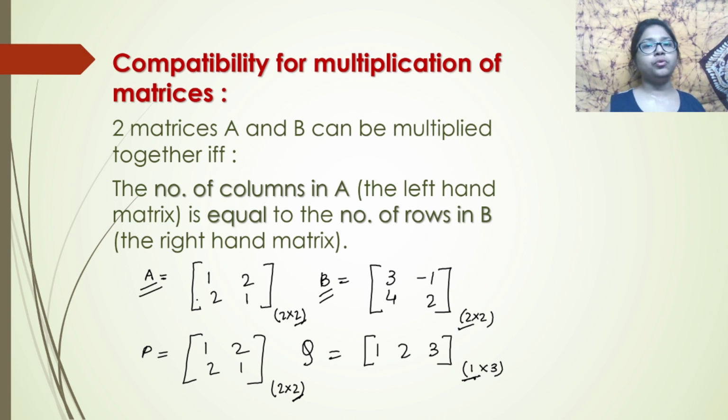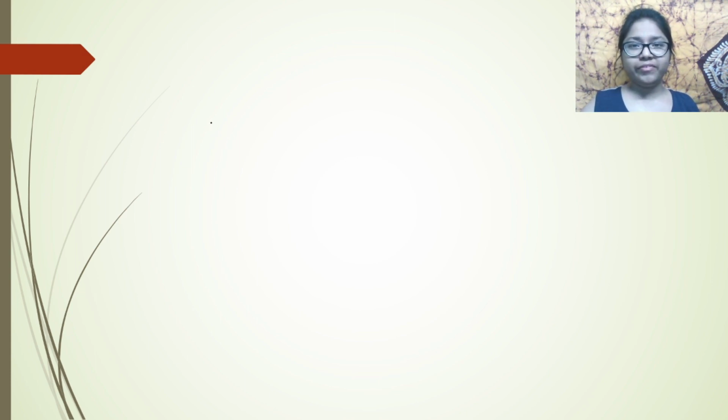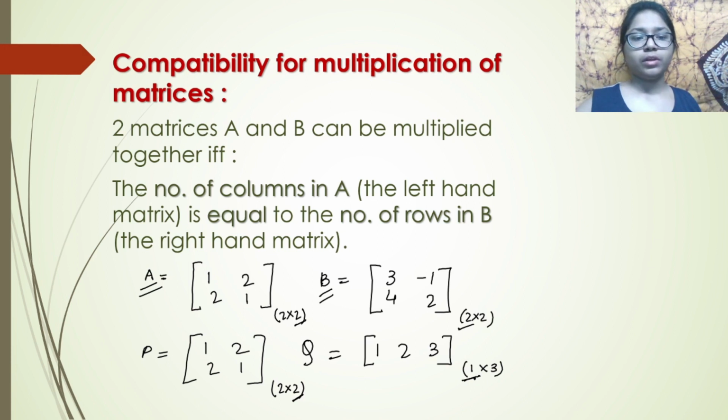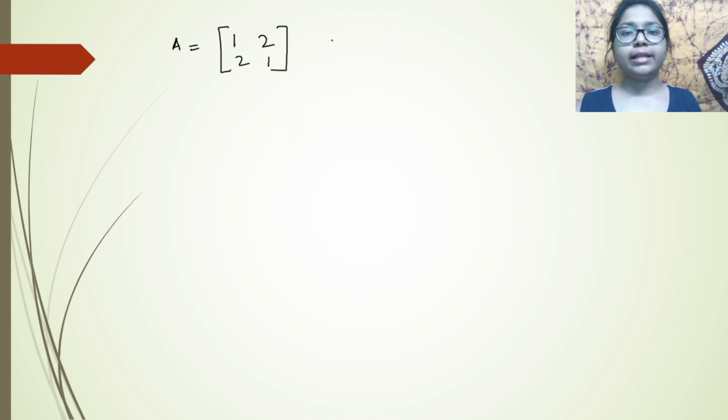Let me show you how the matrix multiplication is done. Let us consider the previous example, example number 1. A equals 1, 2, 2, 1 and B equals 3, minus 1, 4, 2.